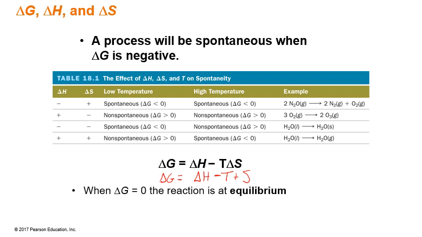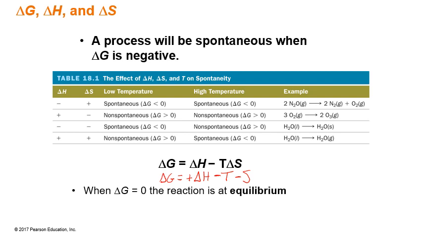Okay. How about if we have a positive delta H and a negative entropy change? What does positive delta H mean again? Well, positive delta H means it's endothermic, right? It's absorbing heat from the surroundings.